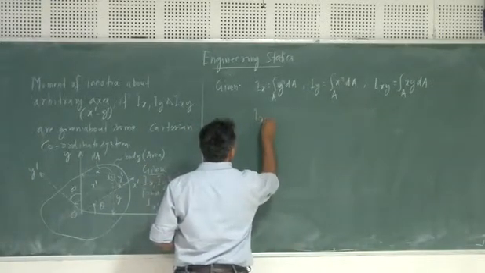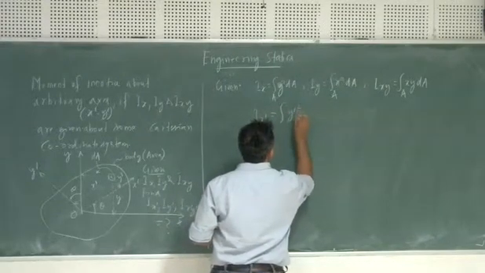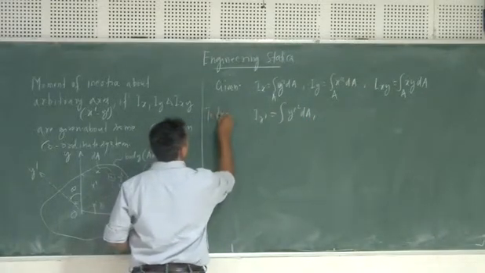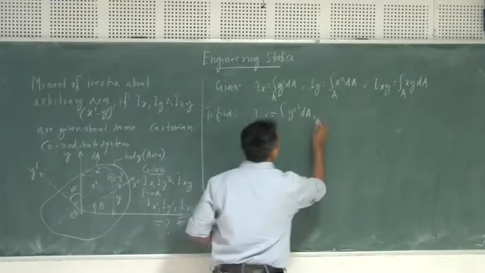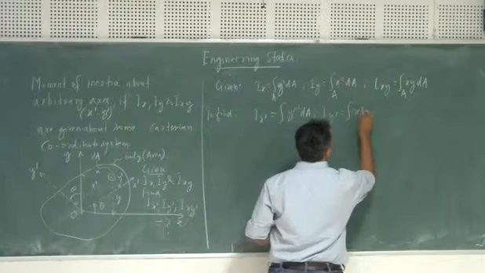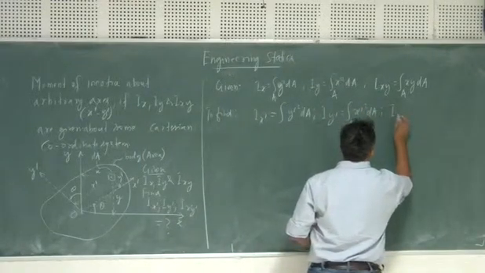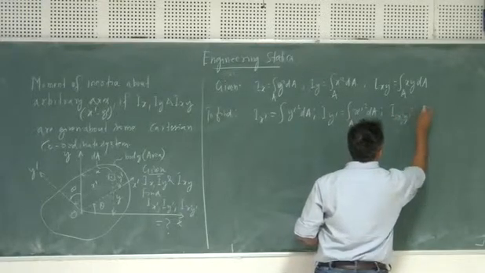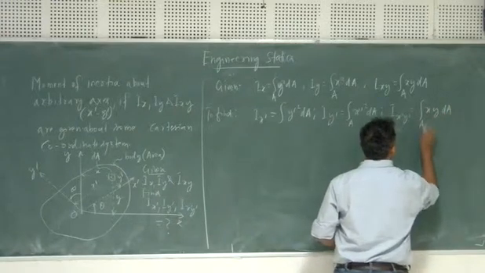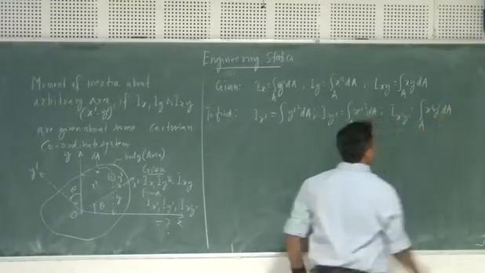Find how it has to be defined. Ix dash is the integral of y dash square dA. Iy dash is the integral of x dash square dA. Ixy dash is the integral of x dash y dash dA.